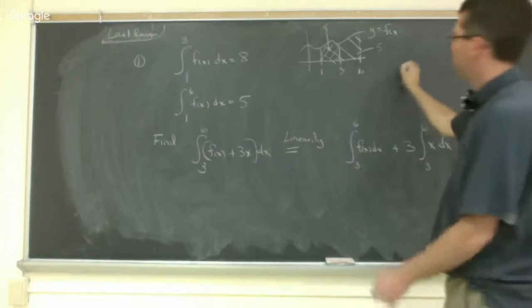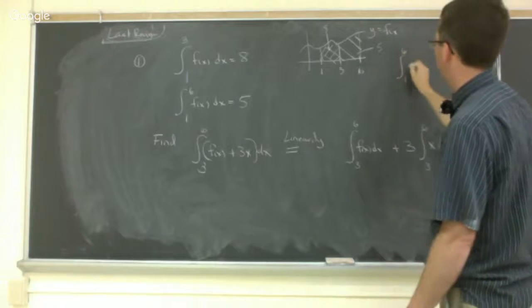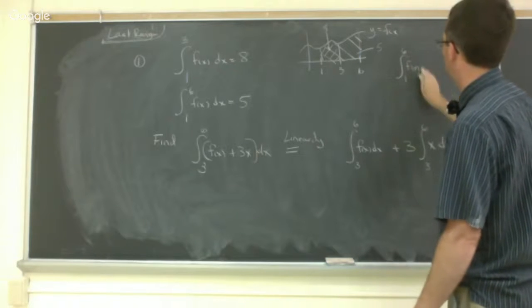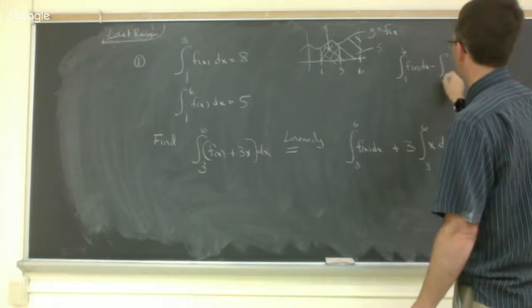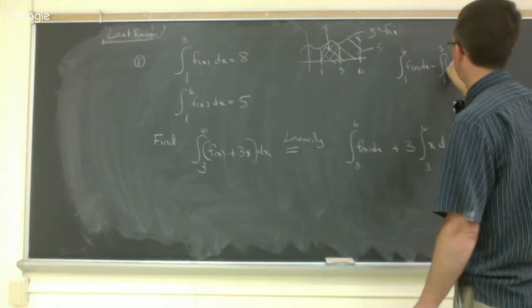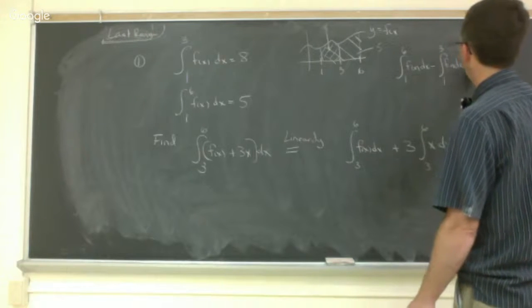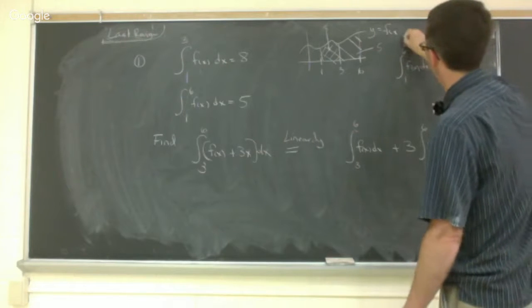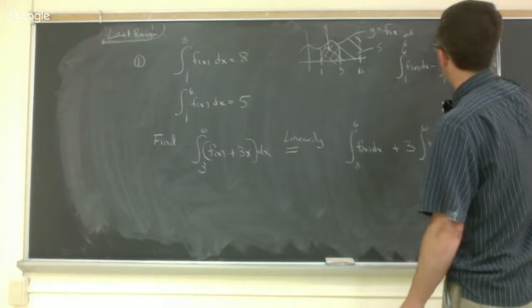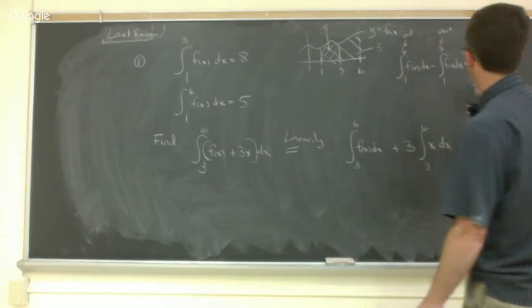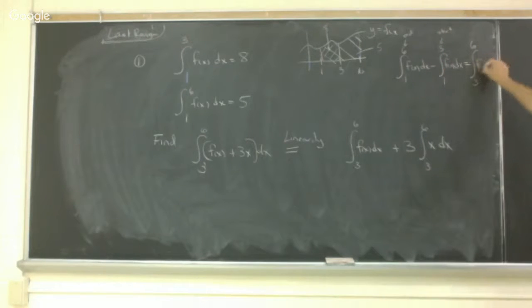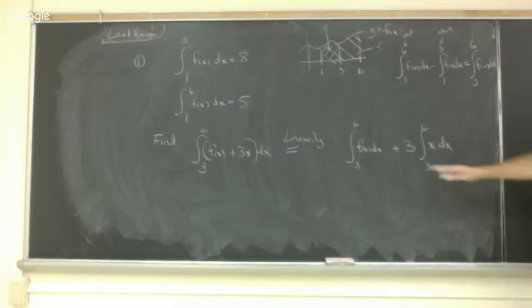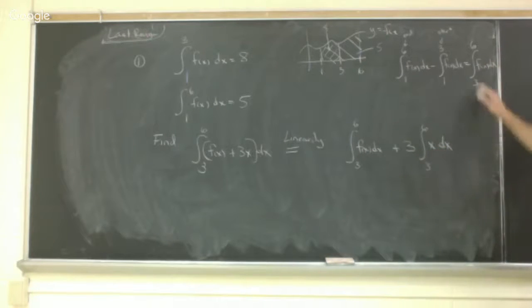And so the integral from 1 to 6, the whole integral, minus the integral from 1 to 3, is the integral from 3 to 6. And so this first part of the integral is going to be 5 minus 8.